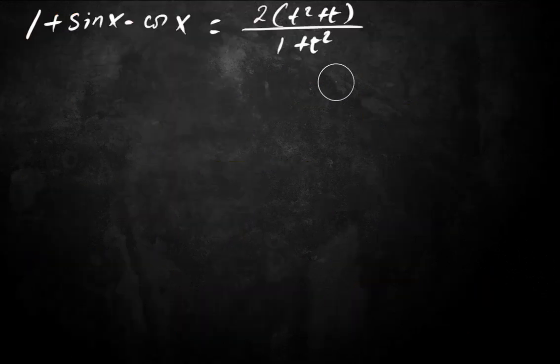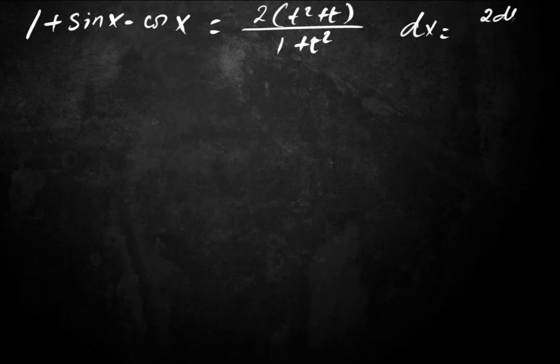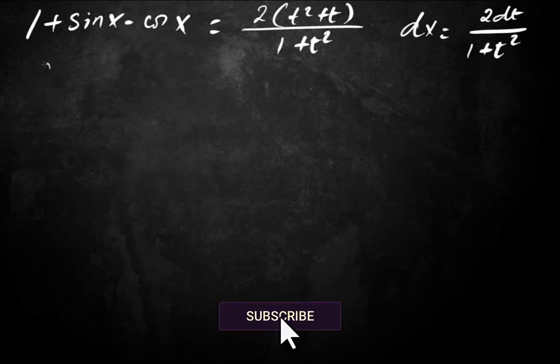So we are going back to our integral now, since we know that dx also was equal to 2 dt over 1 plus t squared. So we are going to plug in.